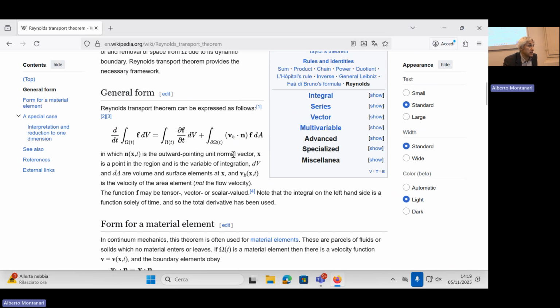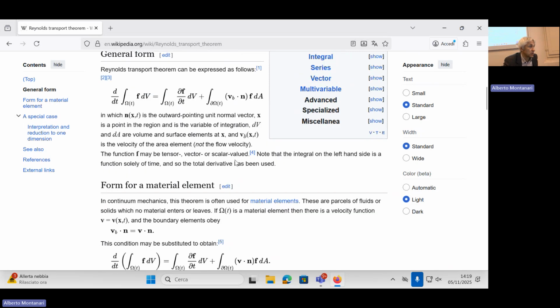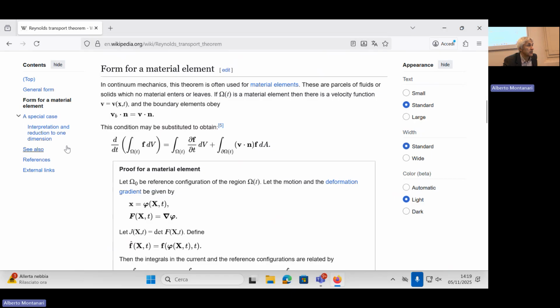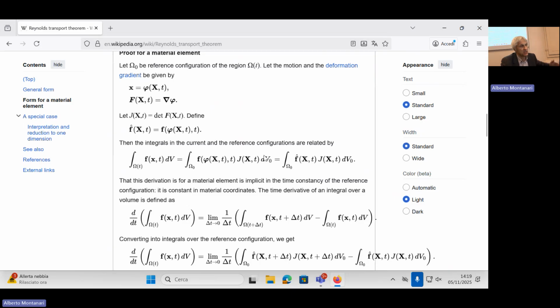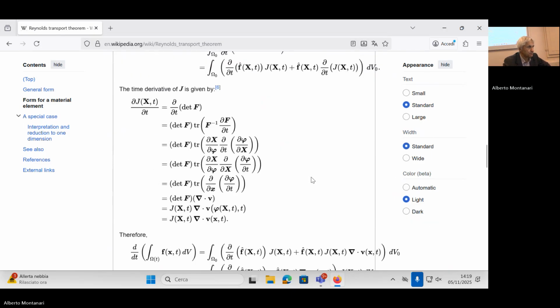Probably it's included in one of these two terms implicitly. And then you see that there is the proof. We don't have the proof, but basically I provided the proof by giving a conceptual explanation. So it's clear what the fluxes are that we have considered. But if one wants, it can be mathematically proved.